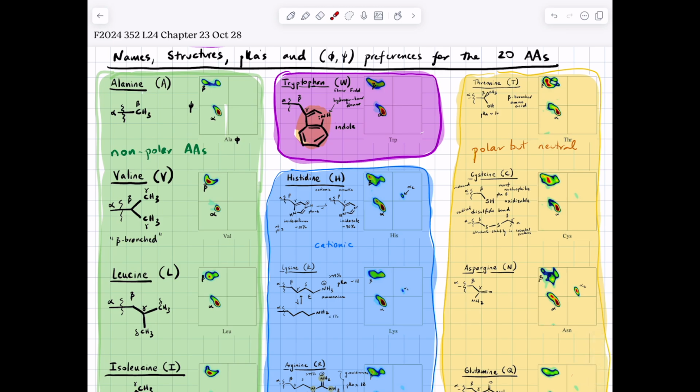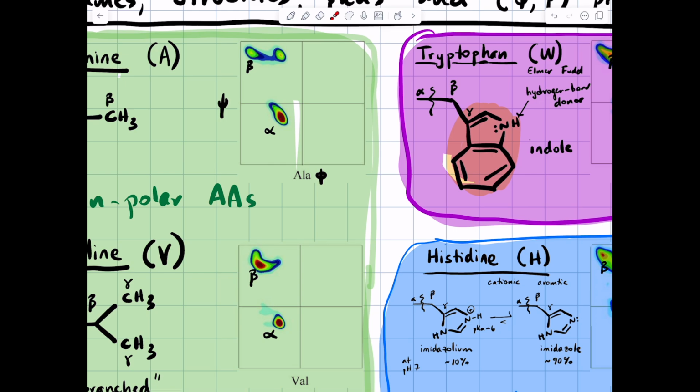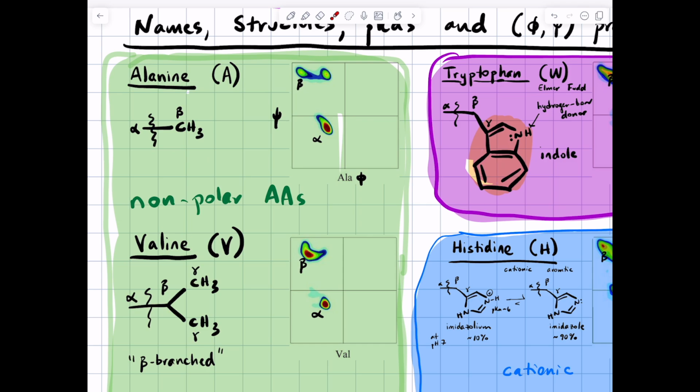Now, don't worry about individual Ramachandran plots for the individual amino acids. That's mostly to facilitate our discussion. The point I wanted to make is the identity of the side chain impacts what types of dihedral angles, phi and psi angles, can be adopted by an amino acid. We illustrated that last time by looking at the impact of adding the branching methyl group on valine relative to alanine. These are heat maps, so the red color indicates lots of examples of alanine residues with dihedral angles that are in this area of the plot.